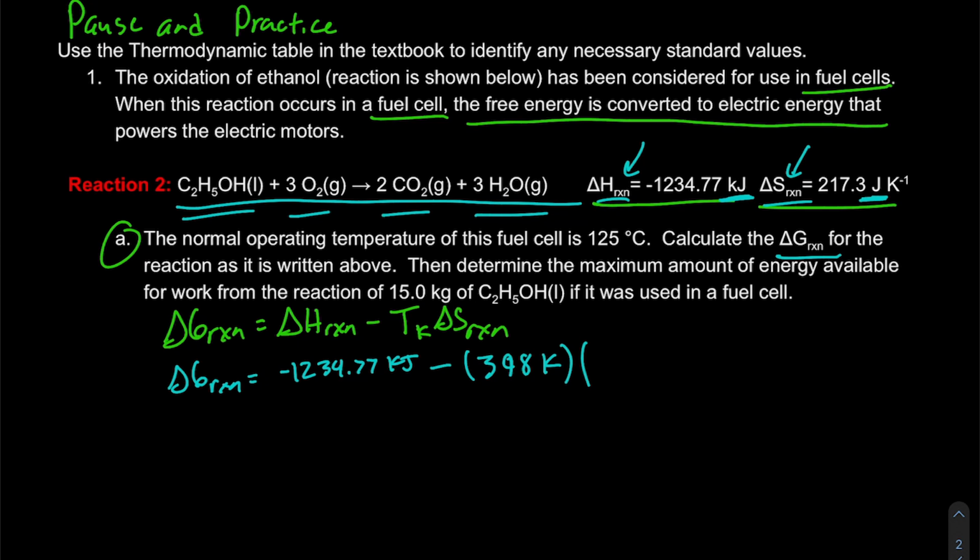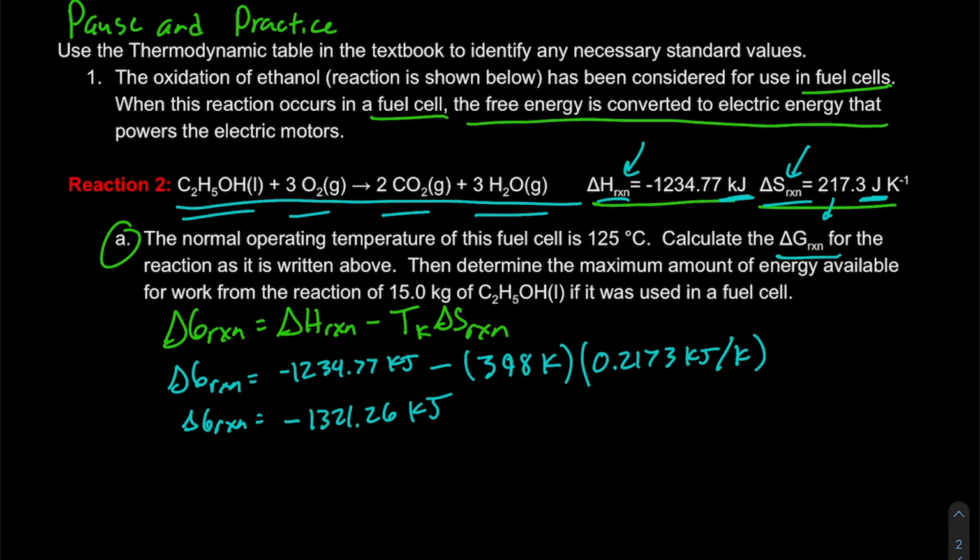So we're going to convert that to kilojoules, which would be 0.2173 kilojoules per Kelvin. And so we would find that our delta G for our reaction is negative 1,321.26 kilojoules.